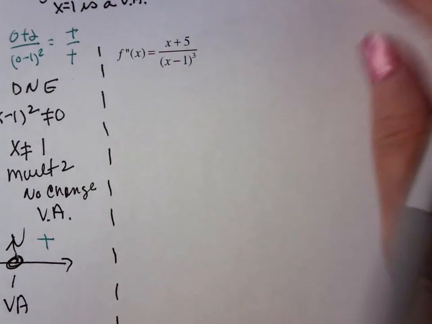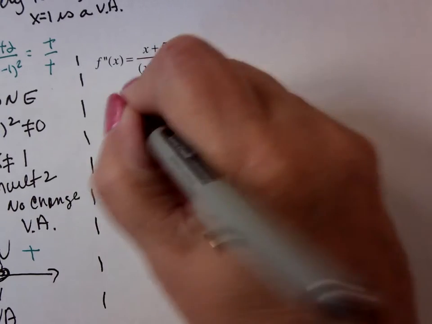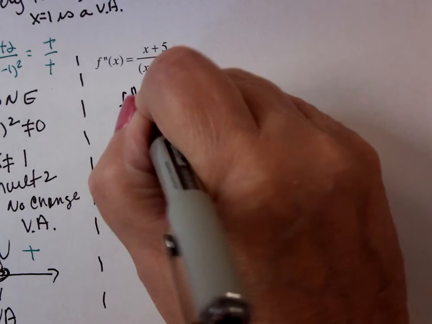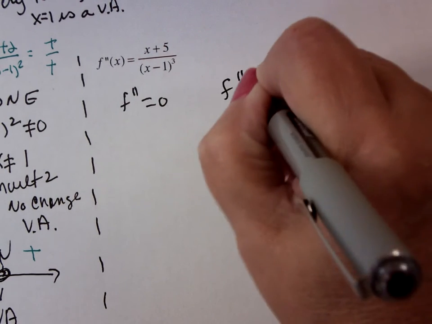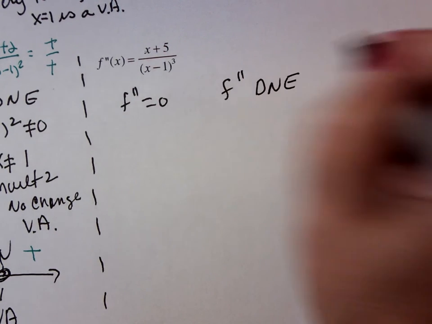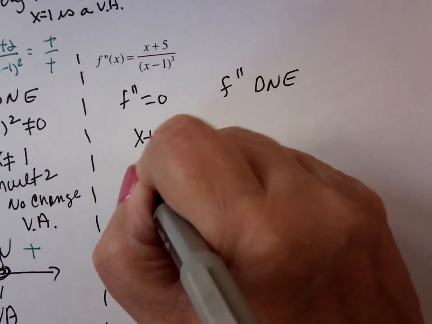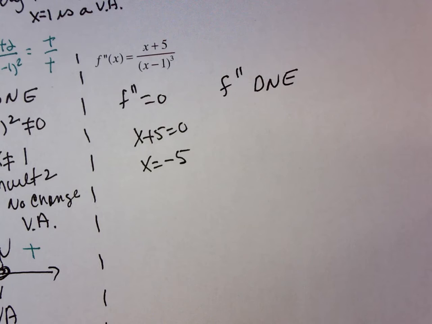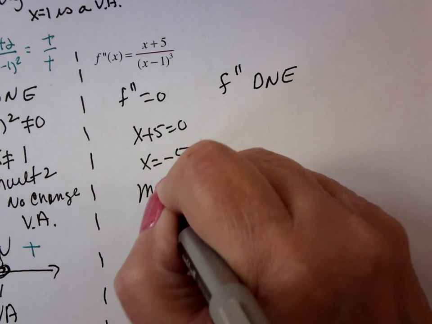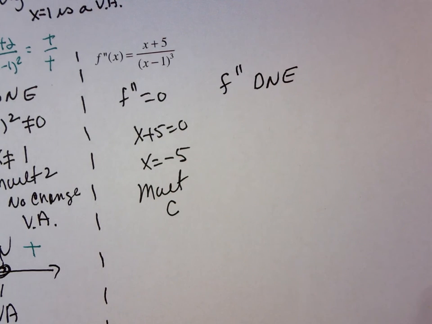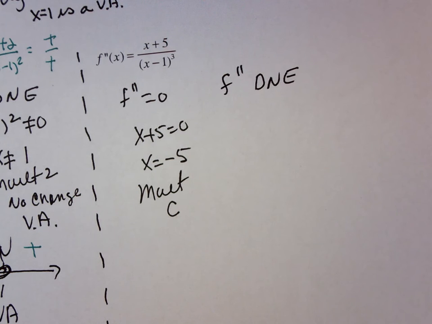Okay, f double prime. We want to know where f double prime equals 0 or f double prime does not exist. Well, x plus 5 equals 0, x equals negative 5. This is multiplicity 1, change. Now, because we have a change, we know x equal negative 5 is an inflection point, correct?